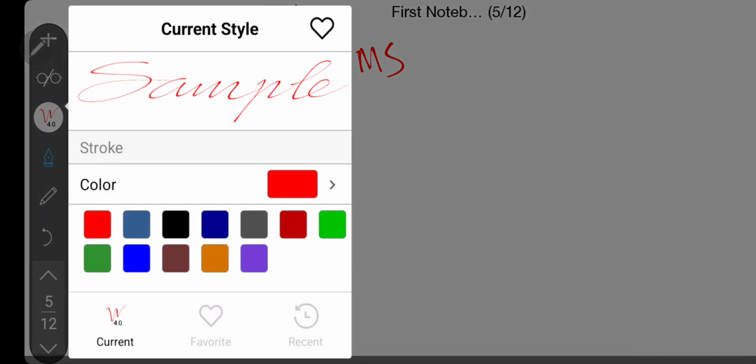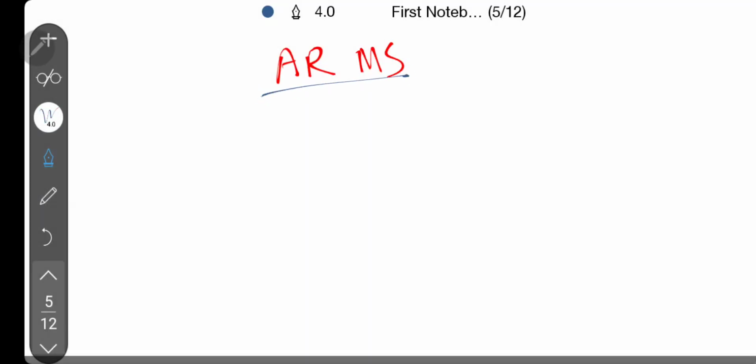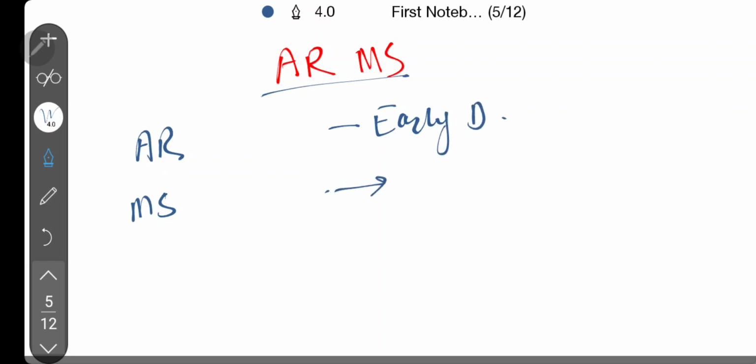So I have written over here AR and MS. AR has an early diastolic murmur. And the MS, that's mitral stenosis, has a mid diastolic murmur. Okay, remember from this one. AR, MS. AR has an early diastolic murmur and MS has a mid diastolic murmur.